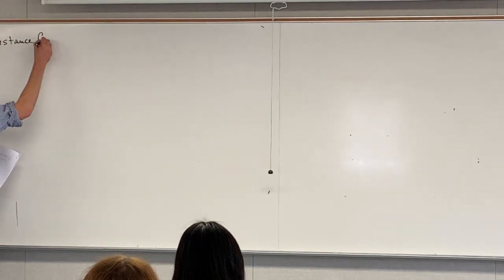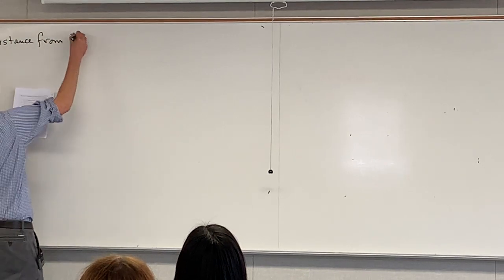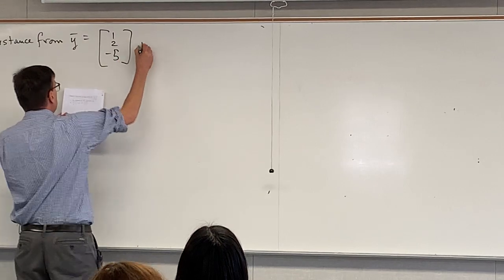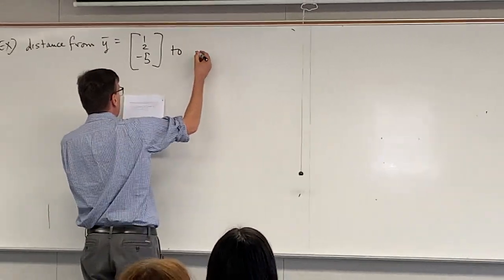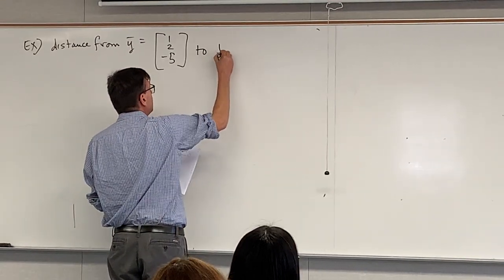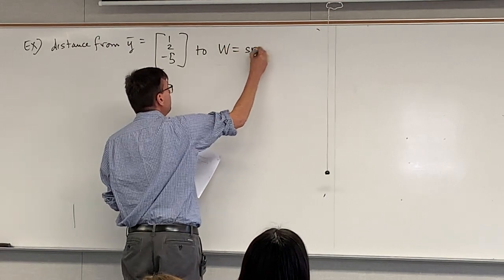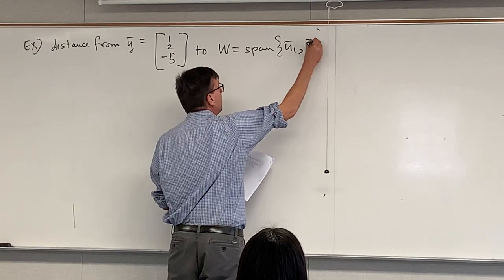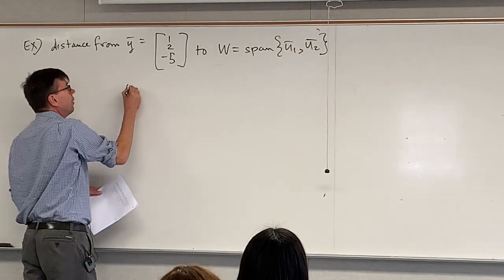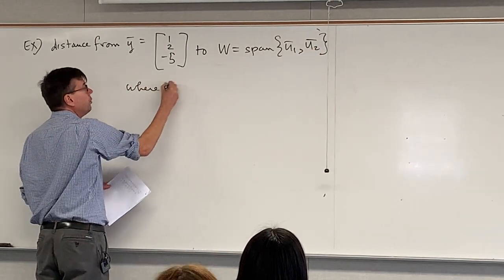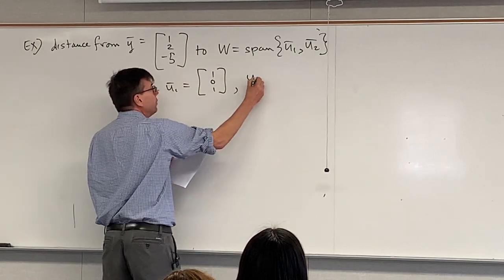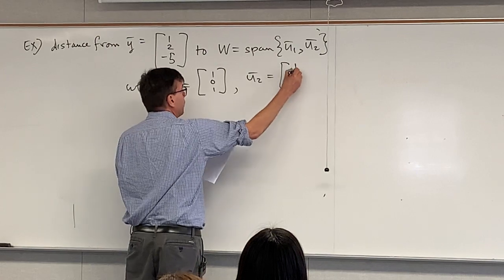So the distance from y, which is (1, 2, -5), to w, which is equal to the span, so I'm paraphrasing the statement a little bit here, of u1 and u2, where u1 is (1, 0, 1), and u2 is (1, 1, -1).